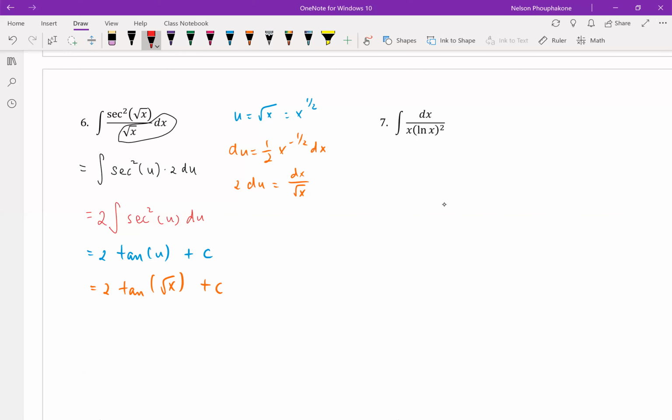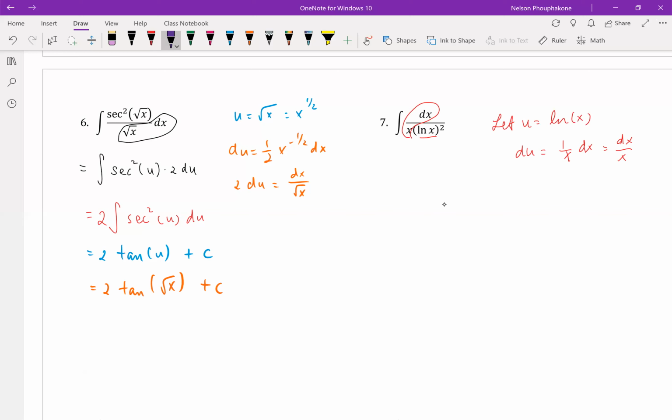And now to this one right here, probably I would like to let u equal to natural log of x. The reason is du will be 1 over x dx, or just dx over x. And we will see that basically this is my du right here.